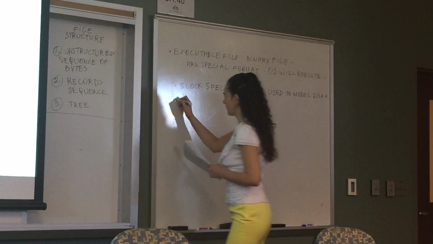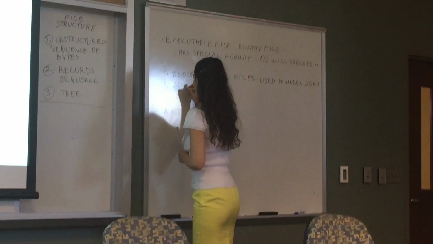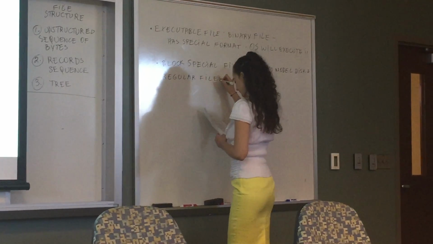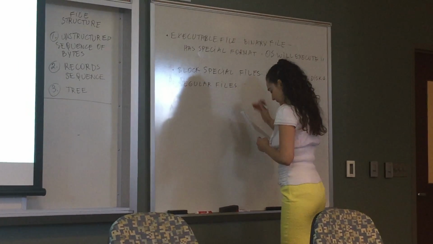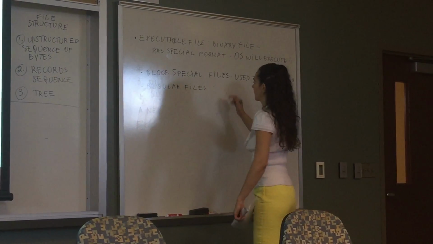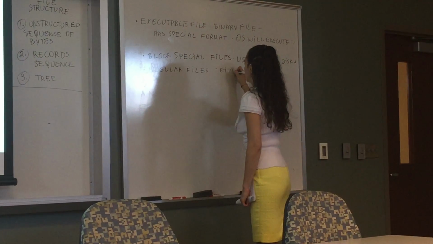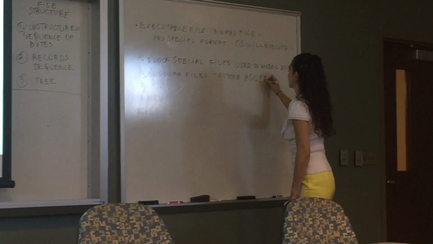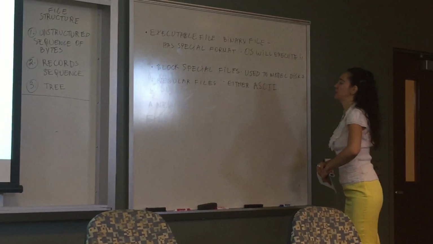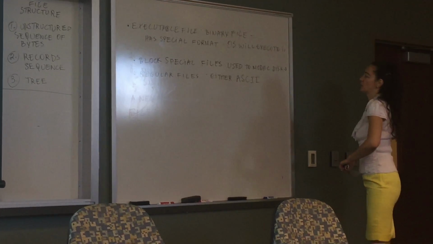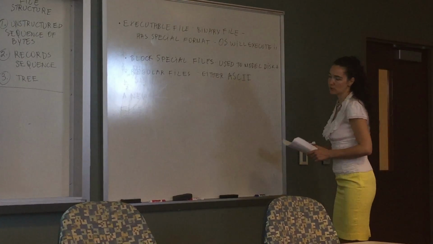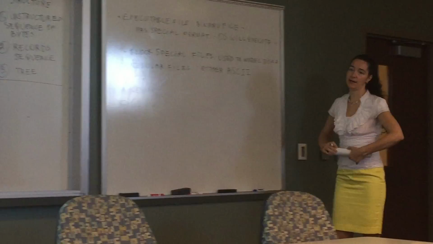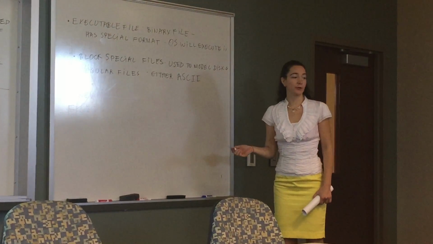Then we have regular files. These files are either text, which means they consist of ASCII characters. That doesn't mean that it's a text file that is human readable.